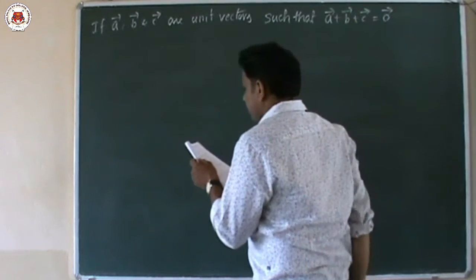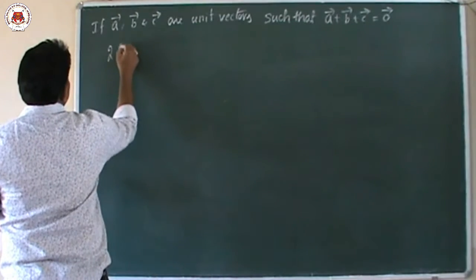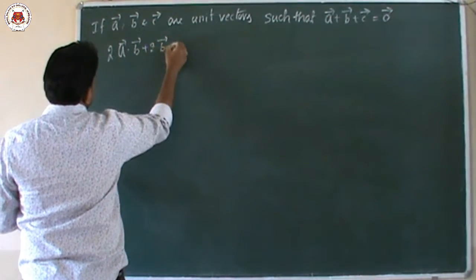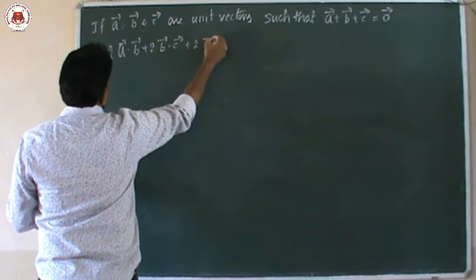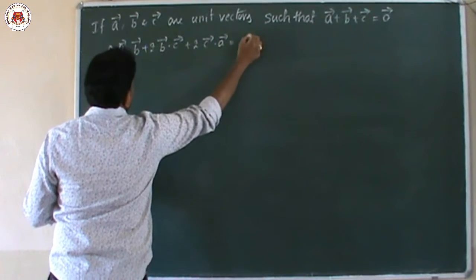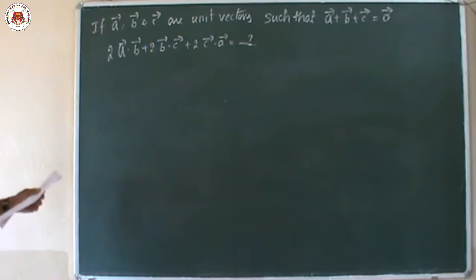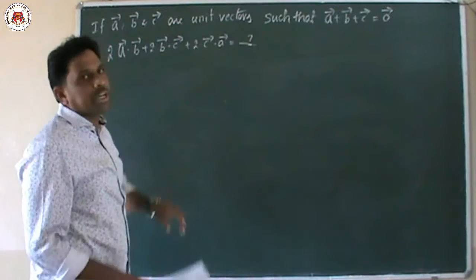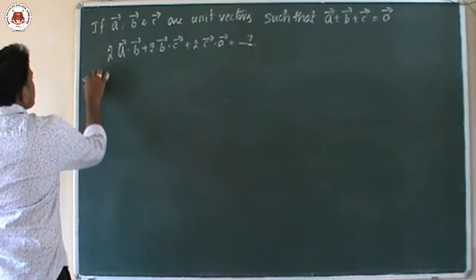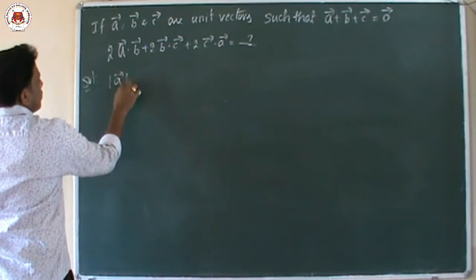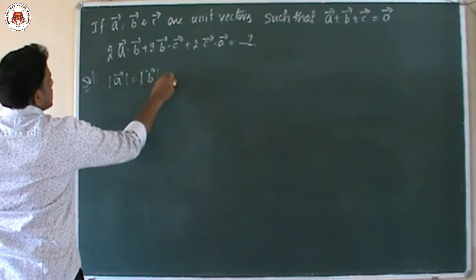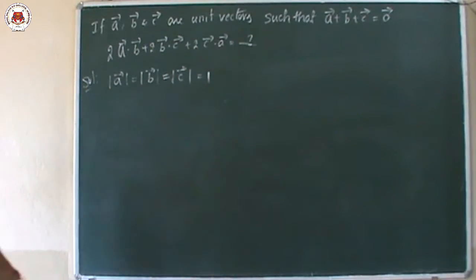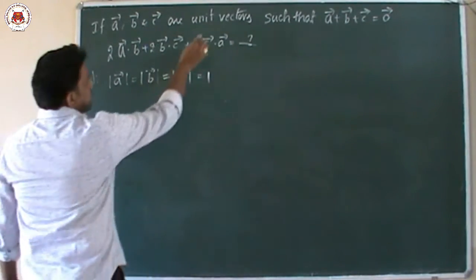Then he is asking 2 into vector A dot vector B plus 2 into vector B dot vector C plus 2 into vector C dot vector A equal to how much? This is the question. So children, here he has given one condition: A, B, C are unit vectors. Modulus values equal to 1 is called the unit vectors.